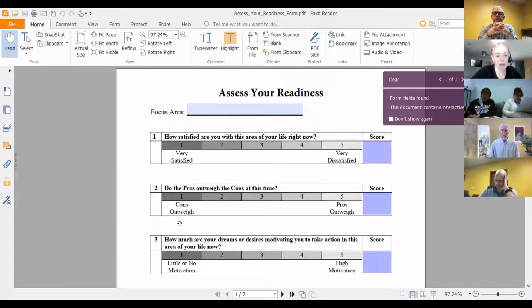That second question, it's going to take time for you to do this, but you have to weigh out the pros and the cons. And if the pros are on that heavy side over here on that 5, that's a good thing, but there are always going to be cons to everything. So, when I look at my water focus area, I always think about how drinking more water has a ton of pros.